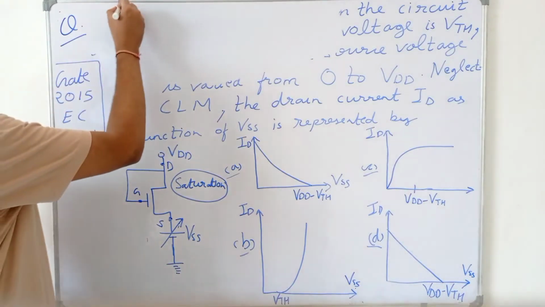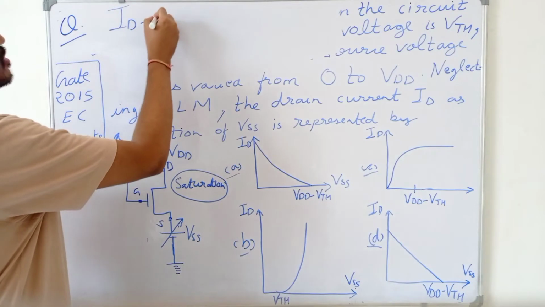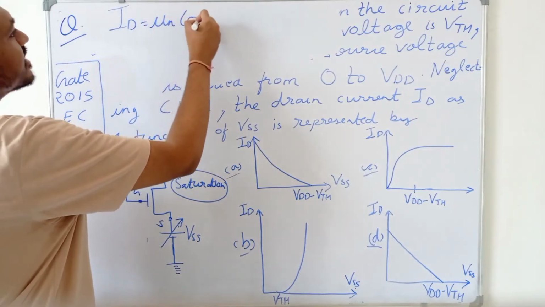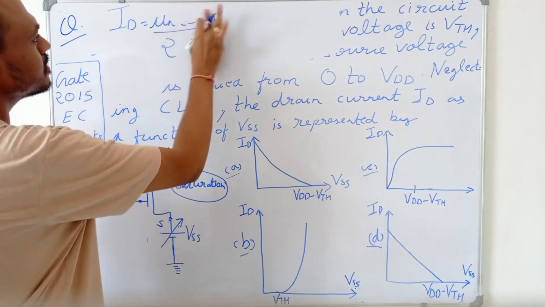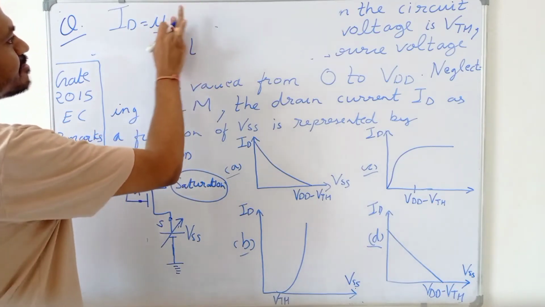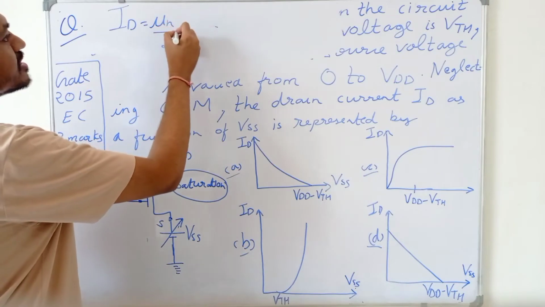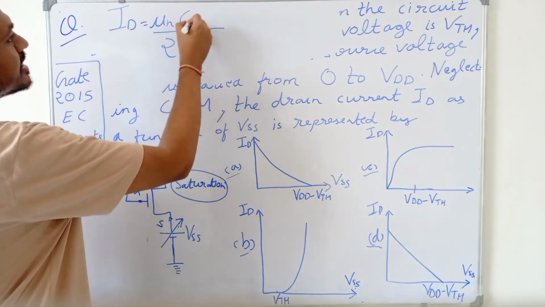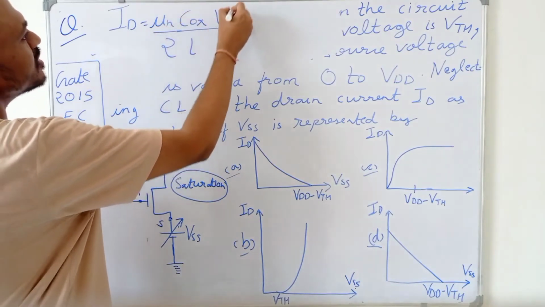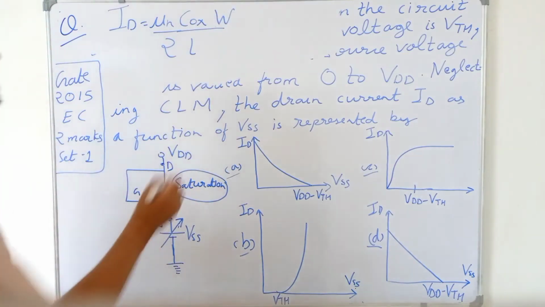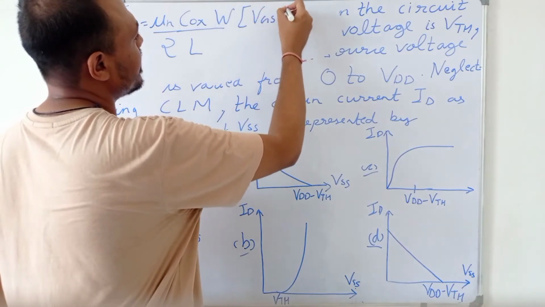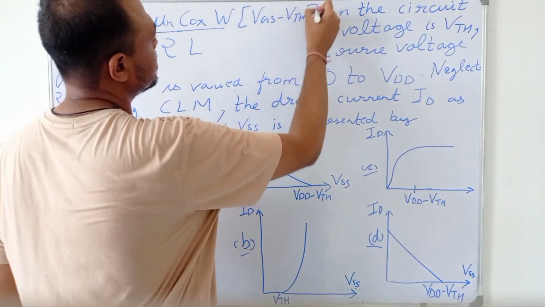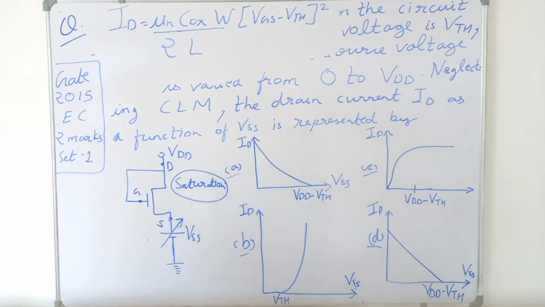The formula for ID is mu n COX W by 2L, where COX is the oxide capacitance, W is the width of the MOSFET, L is the length of the MOSFET, times VGS minus VTH square.